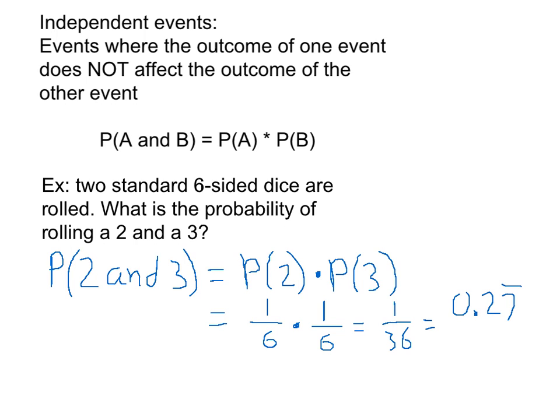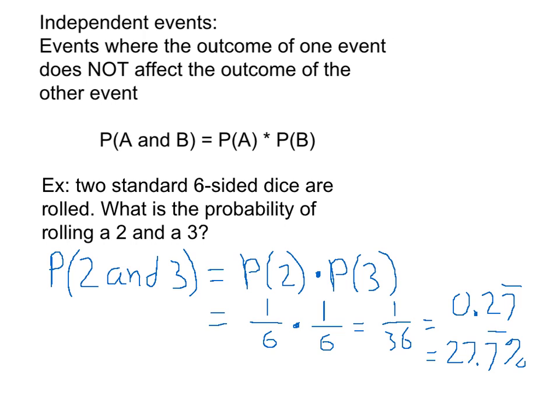We put the bar over it to show that that 7 just keeps going on forever. Sometimes we also like to write our probabilities as a percentage. To turn a decimal into a percent, you move the decimal point 2 places. So this would be 2.77%. And again, this 7 just keeps on going.